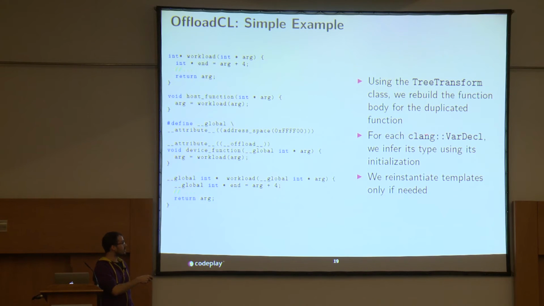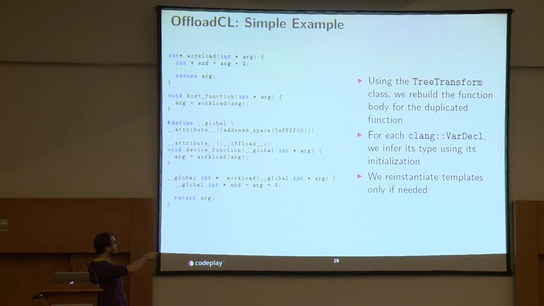For each variable declaration that we have, we infer its new type based on the initializer. So here, I'm creating a local variable, initialized using arg plus 4, so doing some pointer arithmetic. So arg is a pointer to a global int. So my result here is a pointer to a global int.